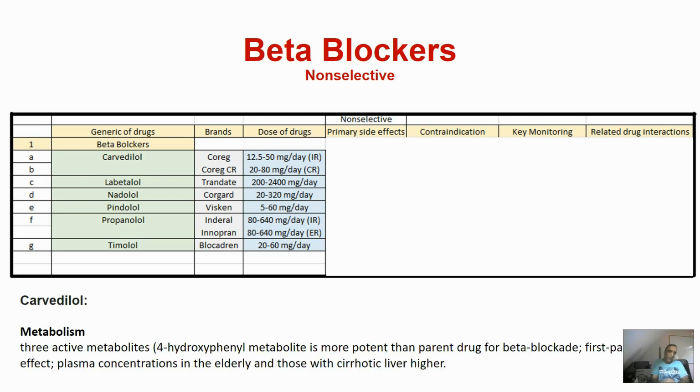There are three active metabolites, of which the 4-hydroxyphenyl metabolite is more potent than the parent drug, and its effect on the heart is greater than Carvedilol. And with first pass effect, plasma concentration in the elderly and those with cirrhosis of the liver is higher.